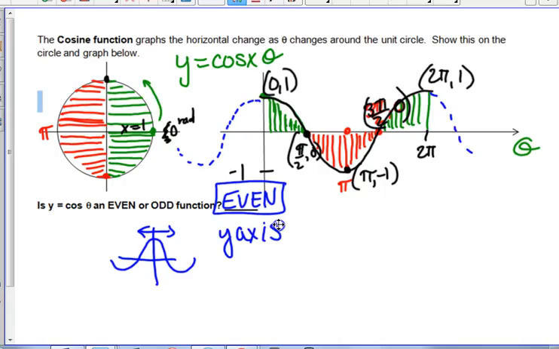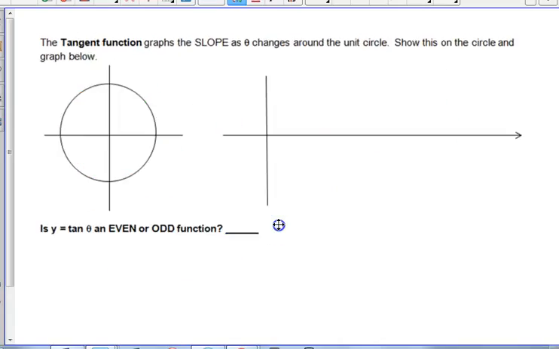Okay. All right, guys, last one, tangent, and this is the only time we're going to talk about tangent today. We're not going to graph any more tangent functions. The tangent is sine over cosine or y over x. What else is y over x?